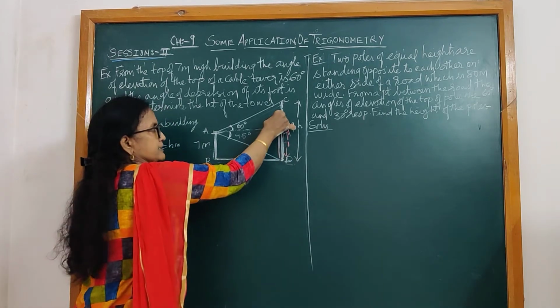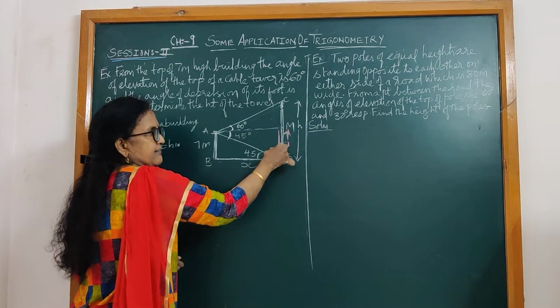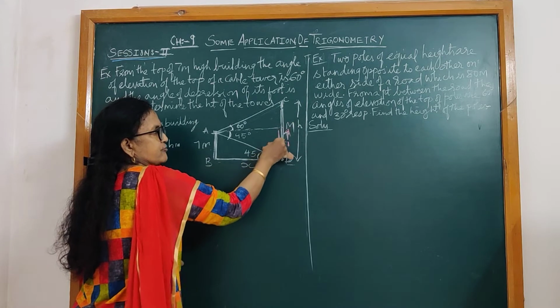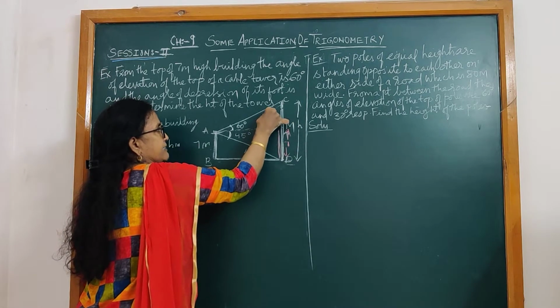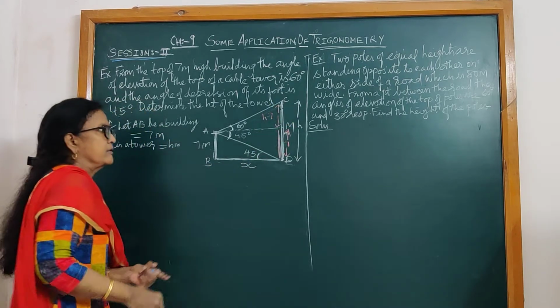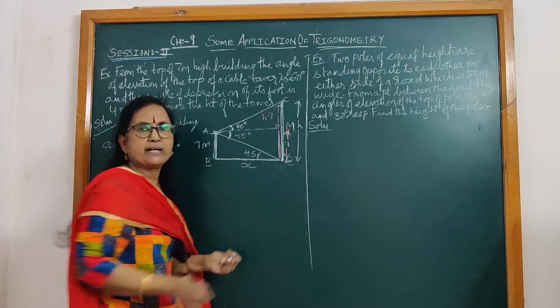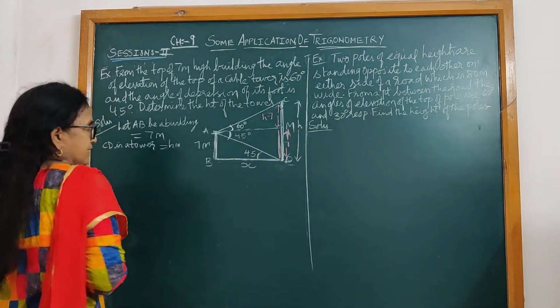The whole CD is H, this portion is 7, so the remaining will become H minus 7.